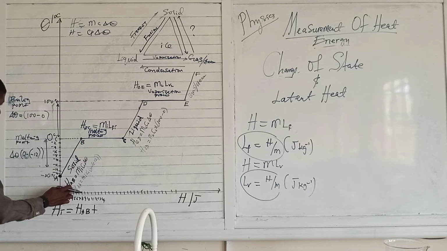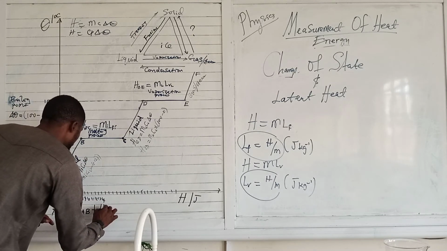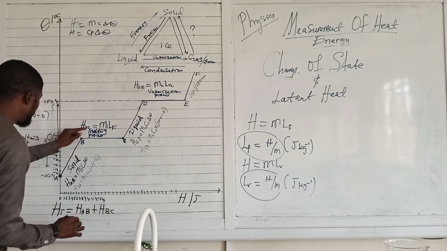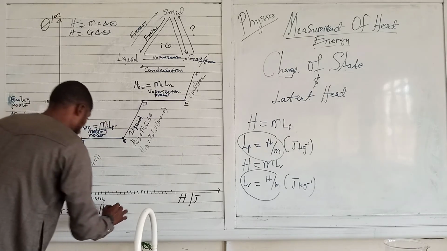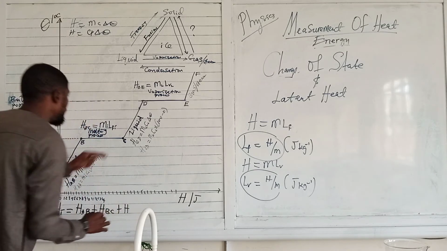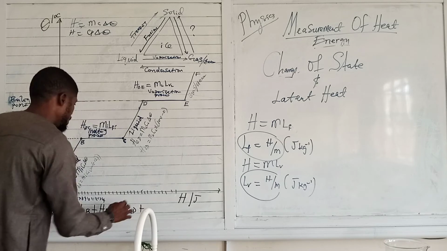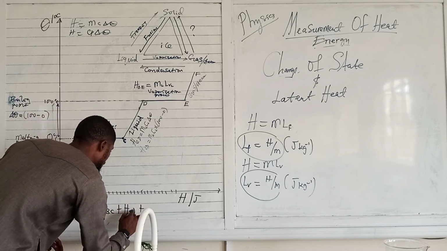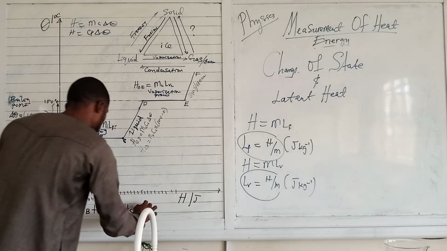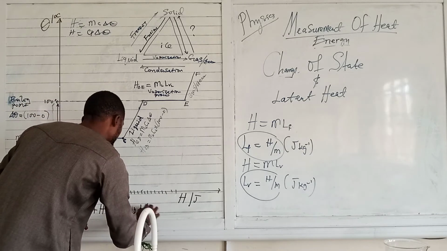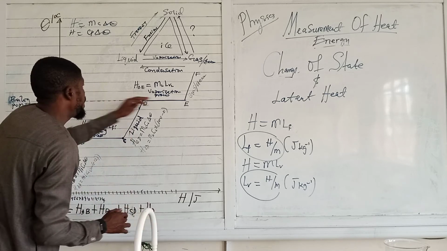HAB, which is this equation, plus HBC, plus HCD, plus HDE.